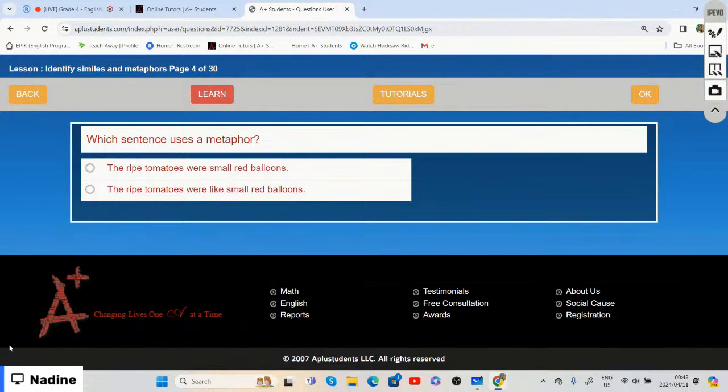So we need to select the one that uses a metaphor.